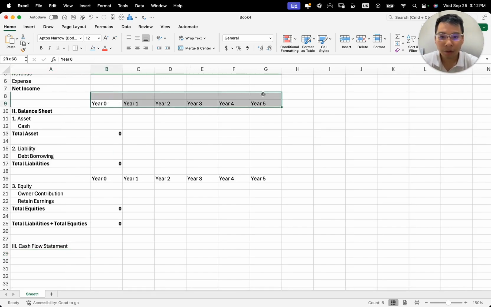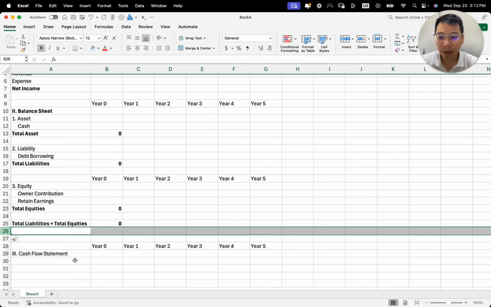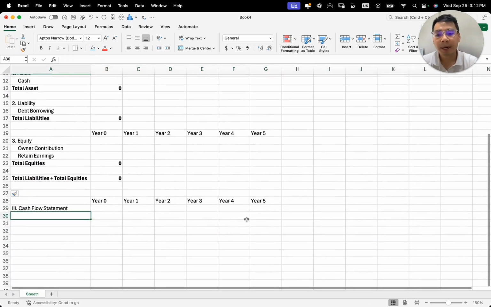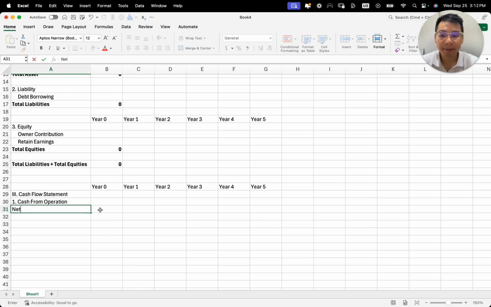It also goes from today's period to the next 5 years. Now, the cash flow statement has 3 sections. The first section is the cash generated from operations, cash from operation. This will consist of the net income of your business.